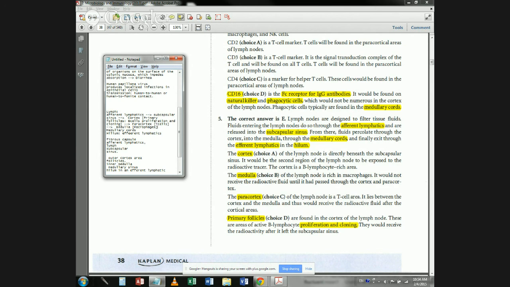Fluids percolate through the cortex into the medulla through the medullary cords. It sounds like you're saying medullary cords, which enter the medulla full of macrophages. And then it enters the hilum and efferent lymphatics.